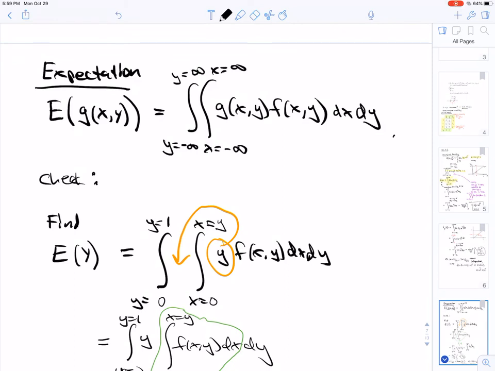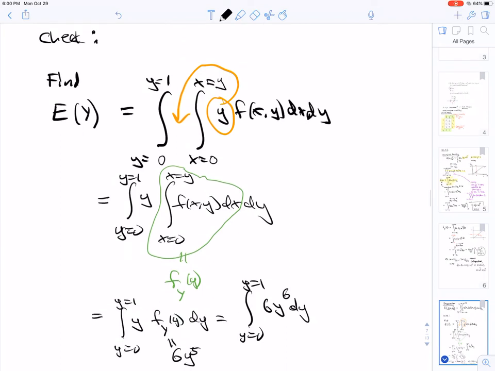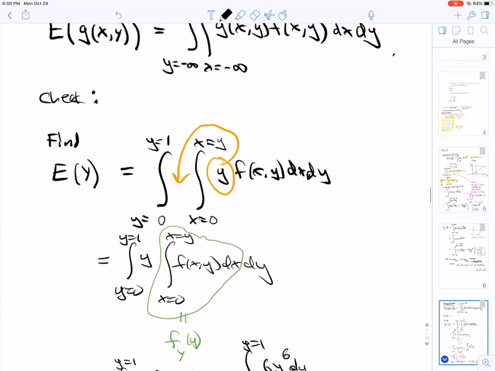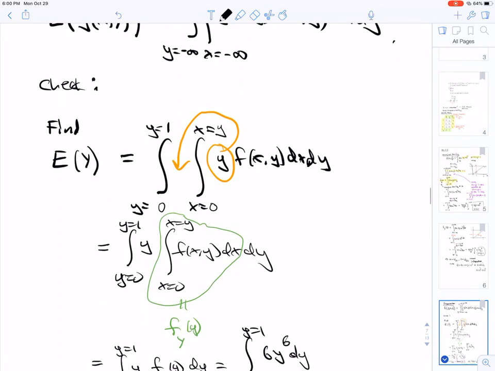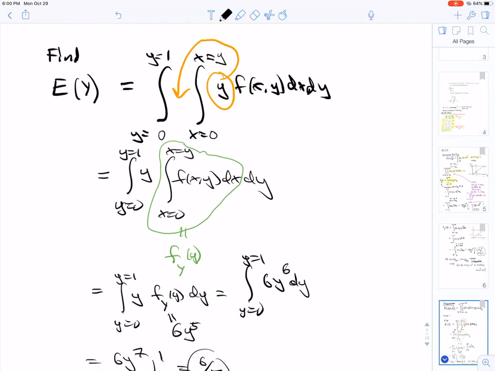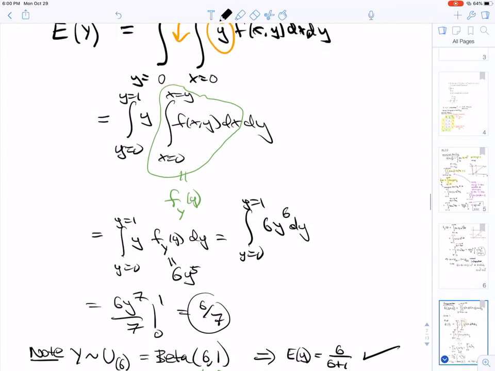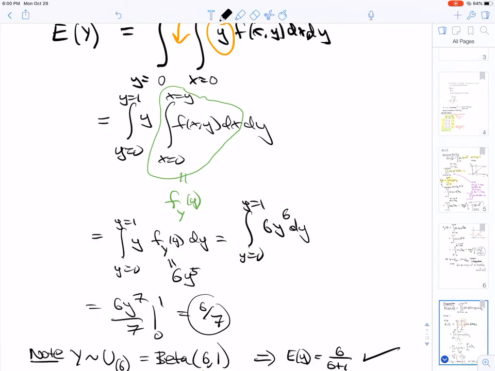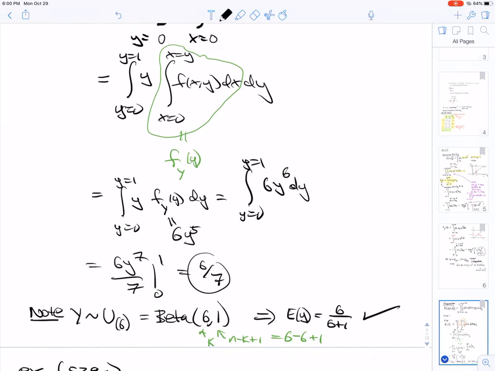So expectation has the expected formula here where you use the joint density, and we can just check this formula for the special case where g of x,y is just y itself, and you will see that you get what you need to get because you know that y itself is actually a uniform order statistic, the sixth order statistic.